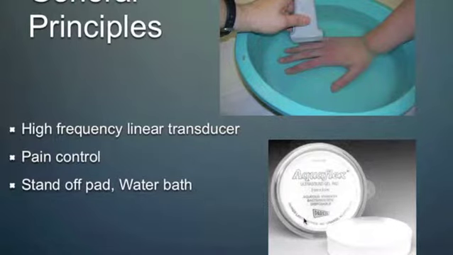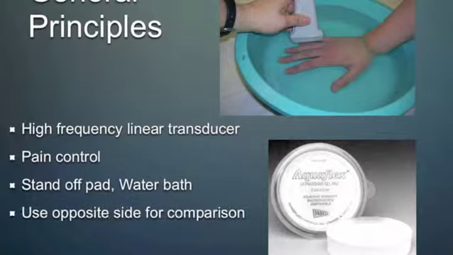There are commercially available standoff pads where you just place the probe on top of the standoff pad, and you place the standoff pad on the area of interest. Sometimes what happens is the natural focal point of the transducer is just too far away, it's deeper than where we're trying to insonate. So this happens with very superficial structures, such as on the finger, as we just saw.